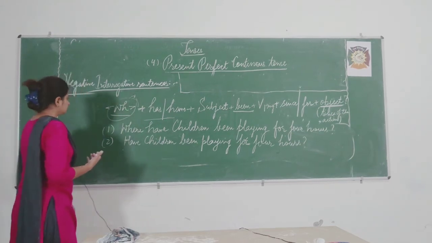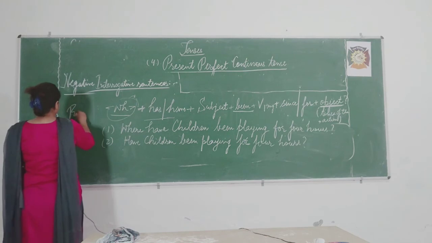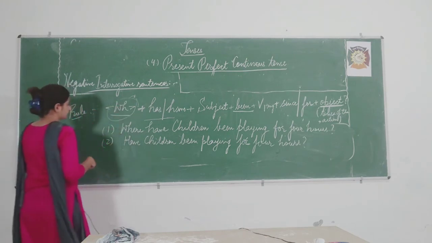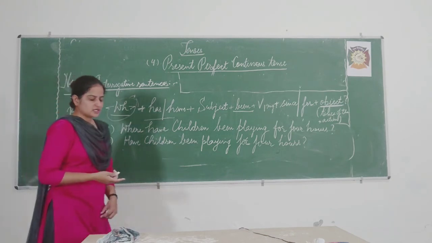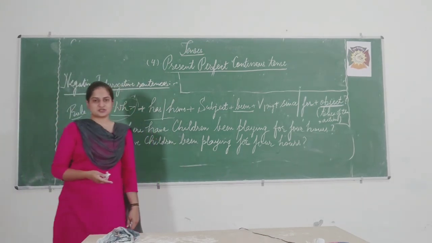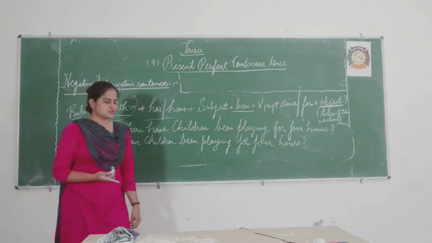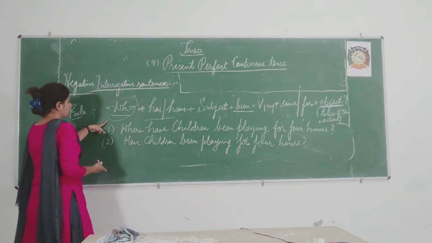In the rules of this sentence structure, we have to make use of not also. But where do we use not? As we have learnt in the previous lectures also, we always use not after the subject. So where should I place not here?